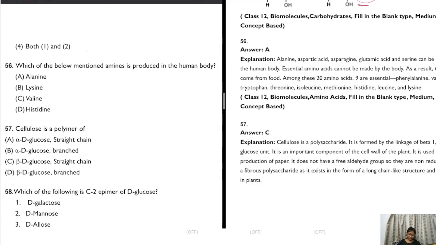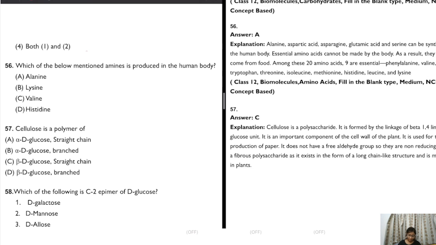Which of the following mentioned amines is produced in the human body? Non-essential amines can only be produced in the human body, whereas essential ones cannot be made.